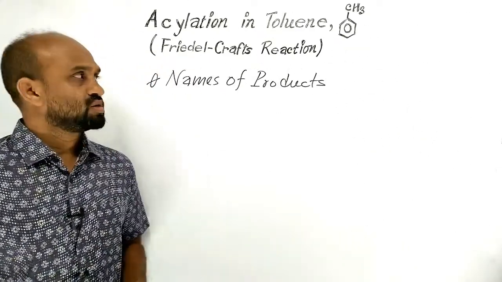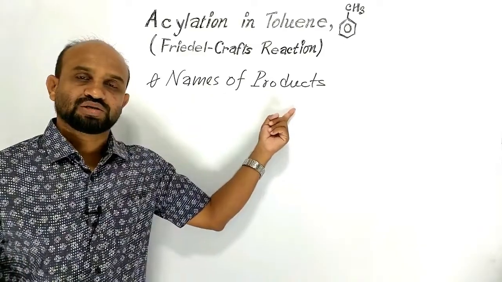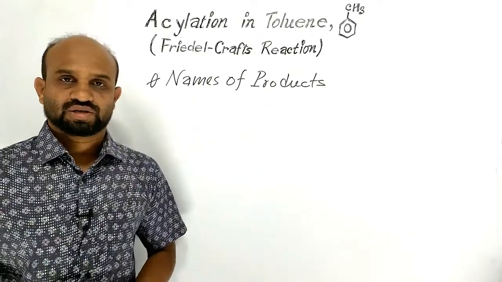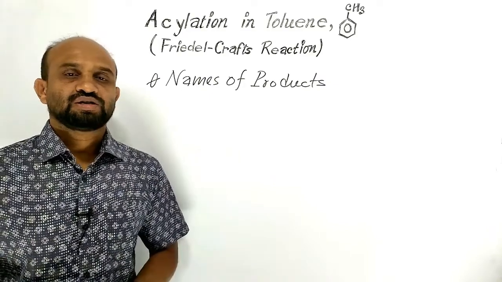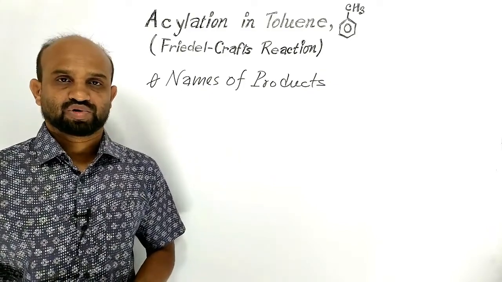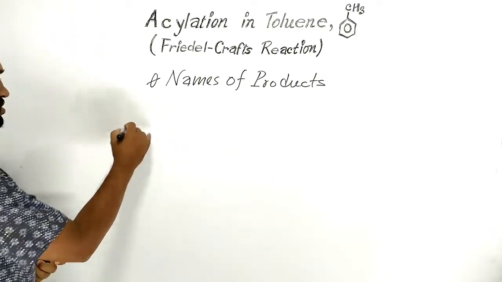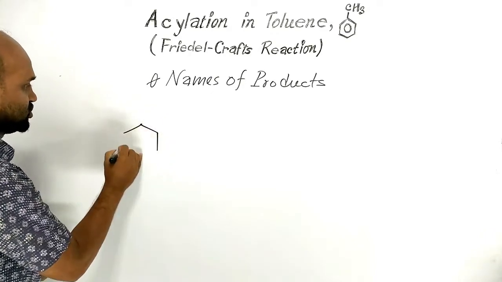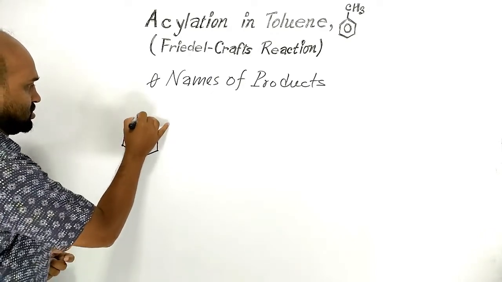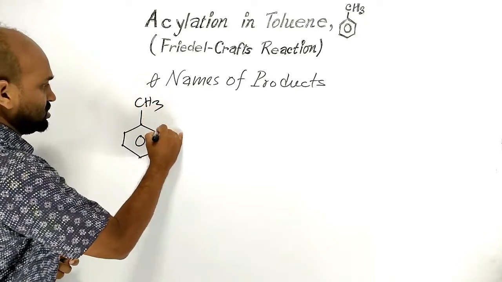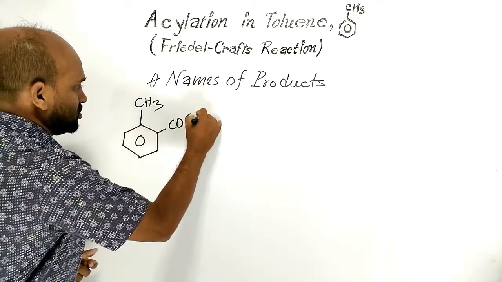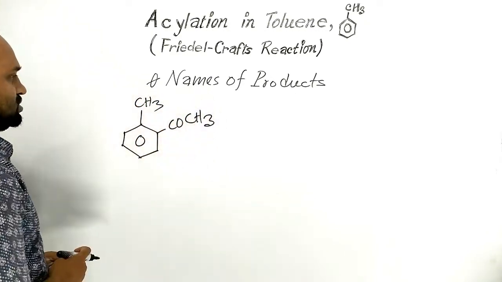Now the point is names of products produced in the reaction. Let's write the formulae of two main products. Firstly, this one, CH3, CO, CH3.